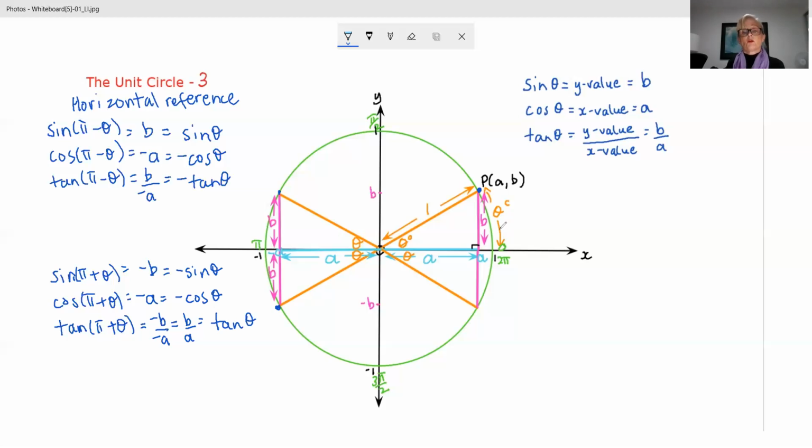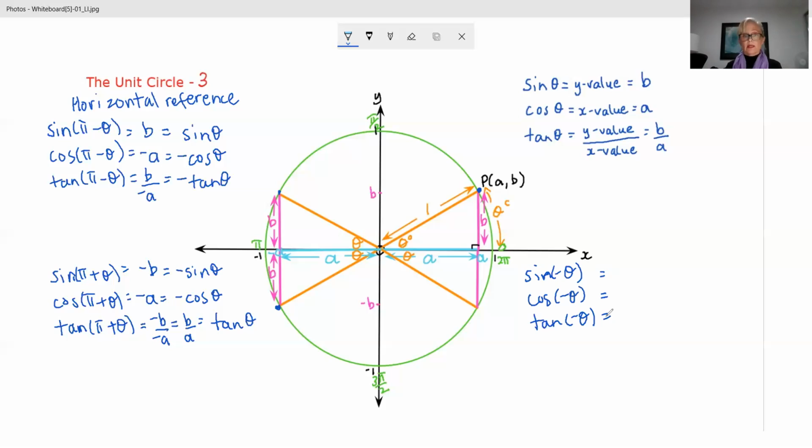Interesting. All right, and our final quadrant, we could either refer to this as a negative theta, which I will do for now, or you could refer to it as 2 pi minus theta. Now, the reason why it's negative theta is that, of course, you have gone back the other way, haven't you?